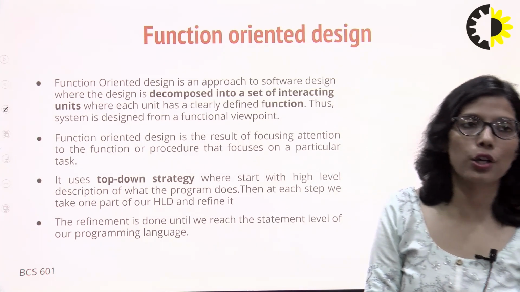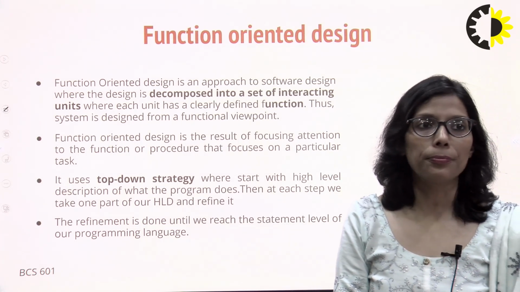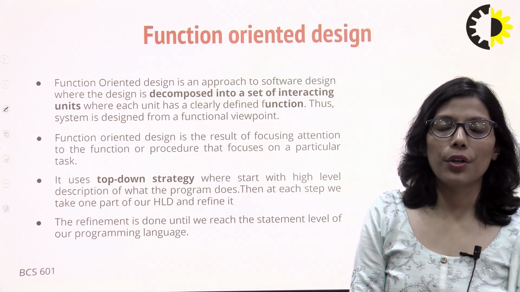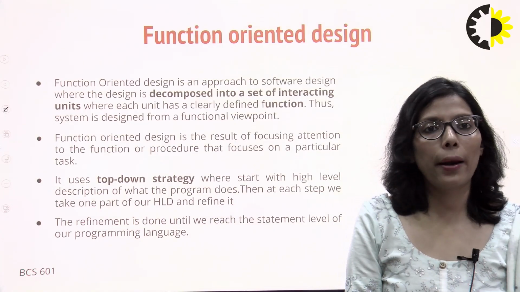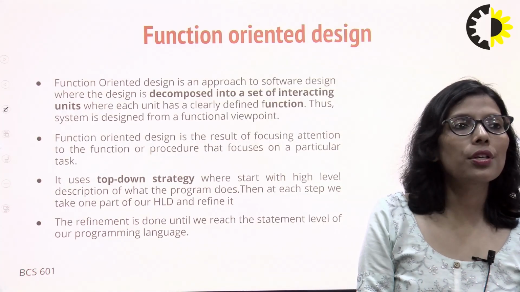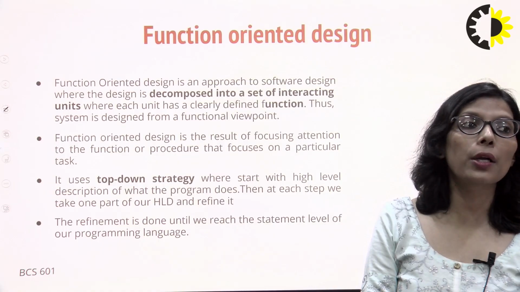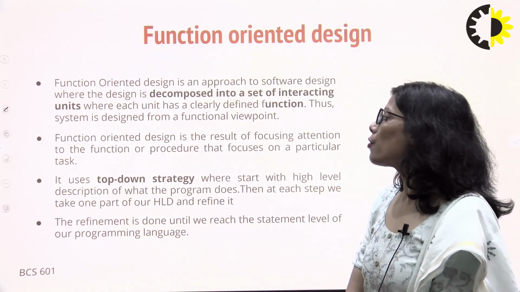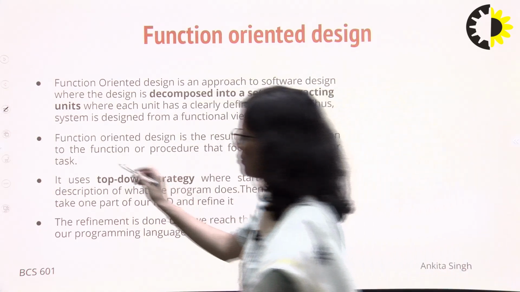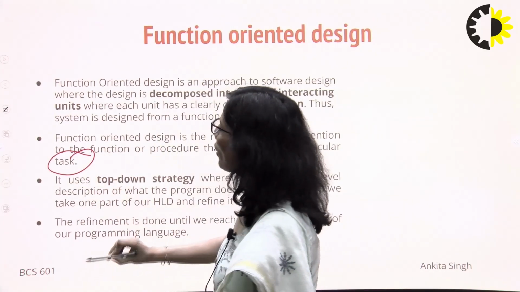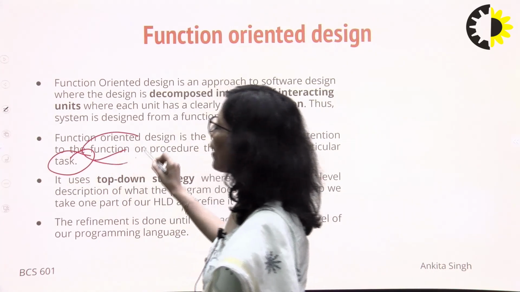So, we have a function, and we have to identify the function depending upon the functionality. Function oriented design is a result of focusing attention to the function or procedure that focuses on a particular task. So, here we are focusing on the task, and corresponding to the task, we are identifying the function.